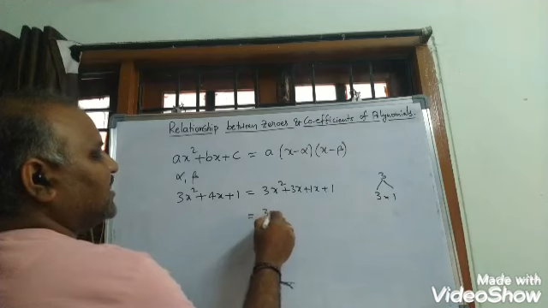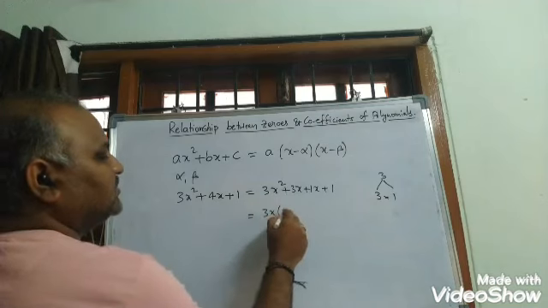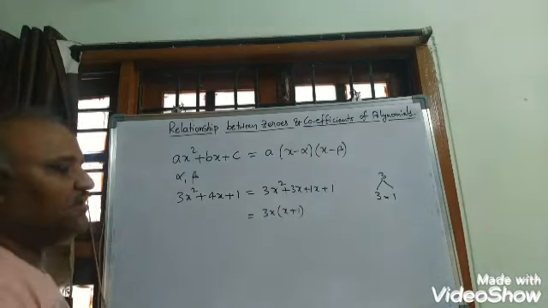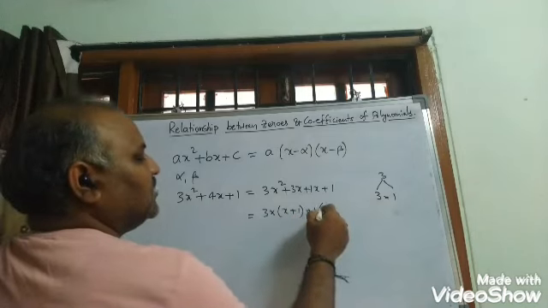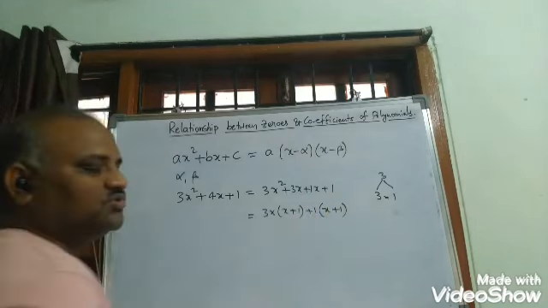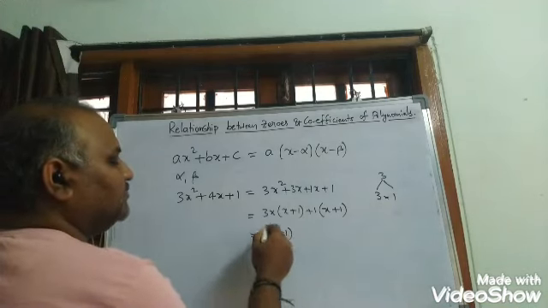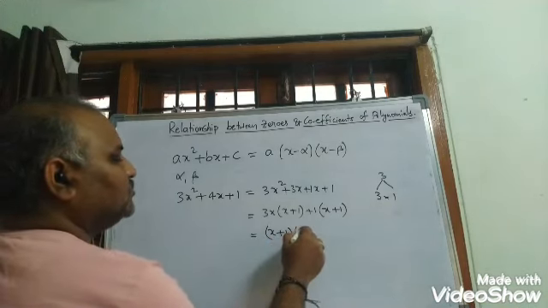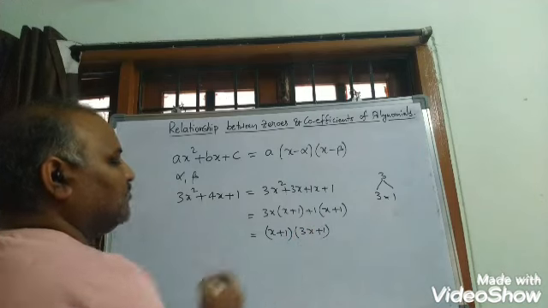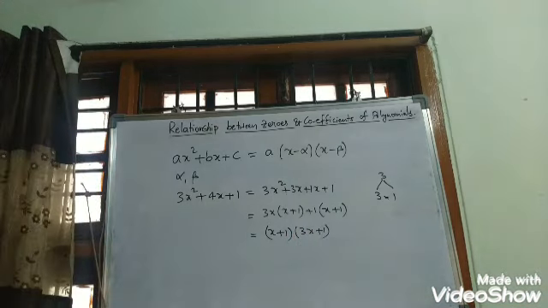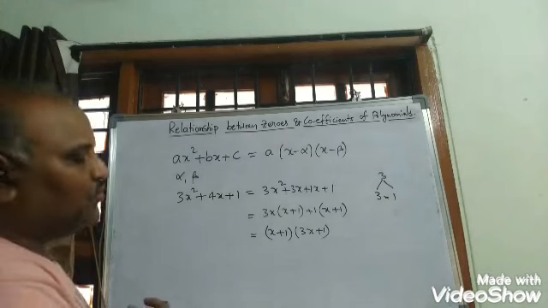Here we take 3x common from the first two terms, which results in x plus 1. Here 1 is the common factor for these two, so 1 of x plus 1. So x plus 1 is common from these two, giving 3x plus 1.